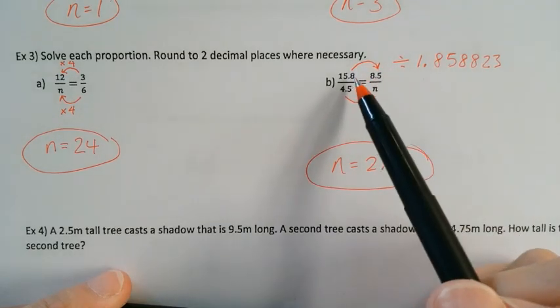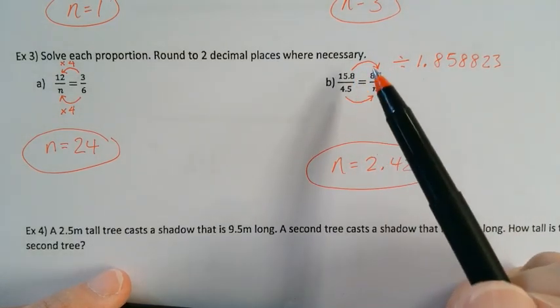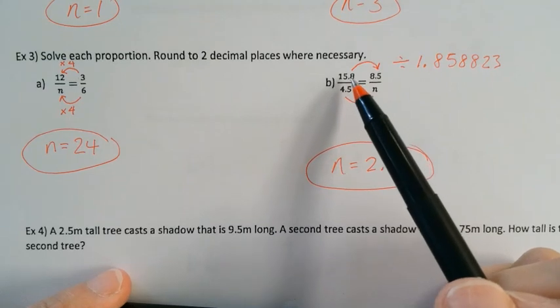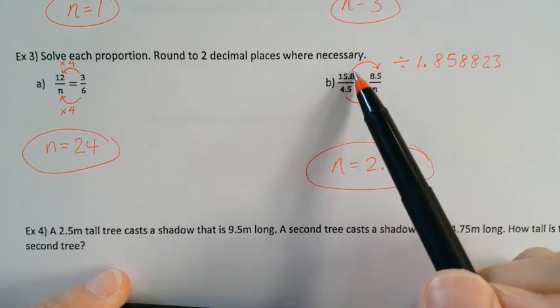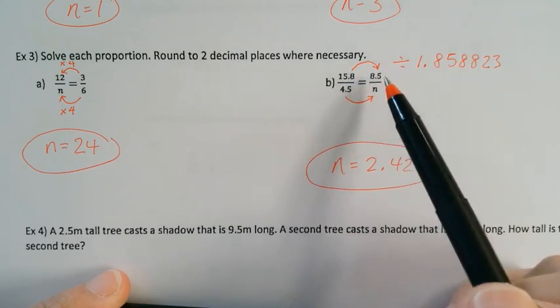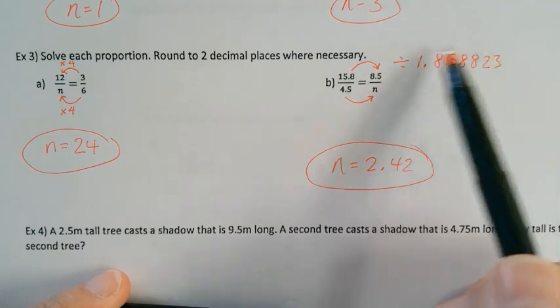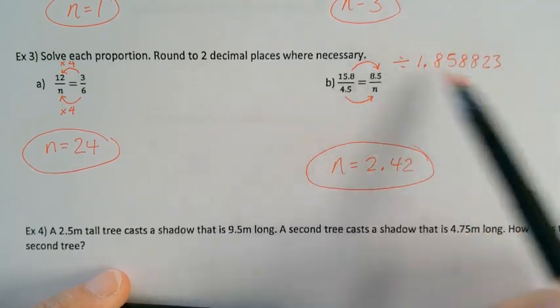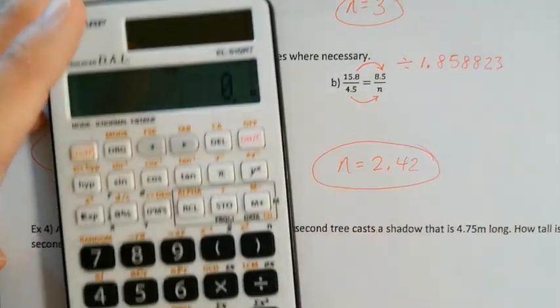Okay, so for this one, I'm going from the bigger number to the smaller number. So I'm going to divide. So 15.8 divided by 8.5, I got this huge number.